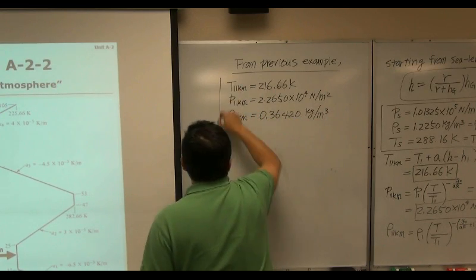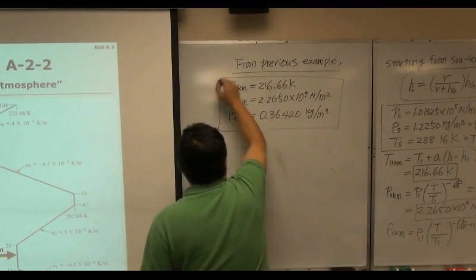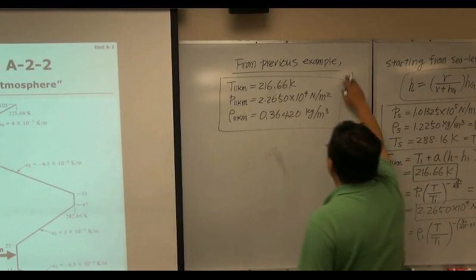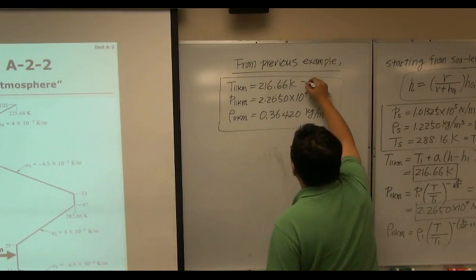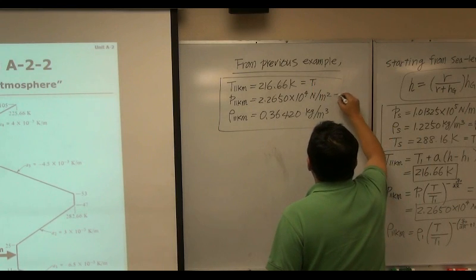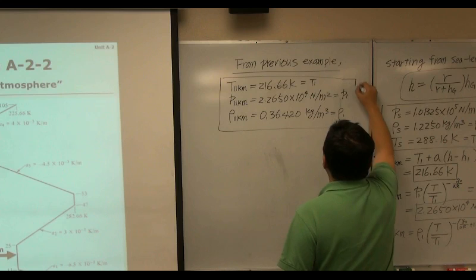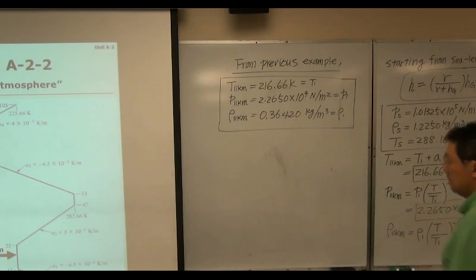So those are the given conditions at the base of this isothermal layer. Those now become T1, this is P1, this is rho 1. So those are the base of the isothermal layer.